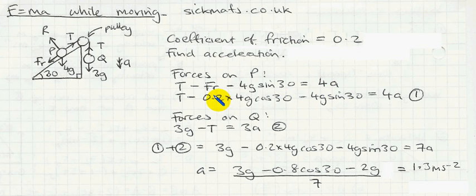I've actually simplified it a bit. The frictional force I've replaced with mu R, the coefficient of friction times the reaction force. And again, how did I get the reaction force is 4g cos 30? Well, it's to do with this angle, and you normally just say 4g cos 30 is your reaction force depending on the weight.